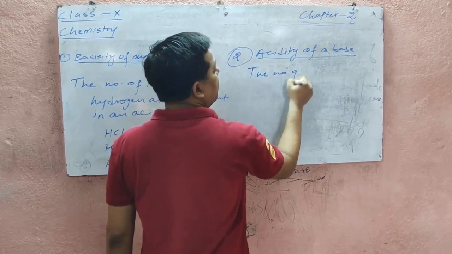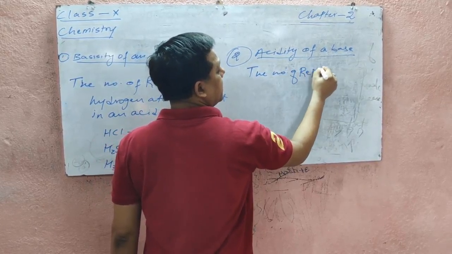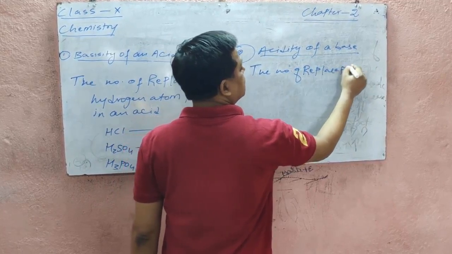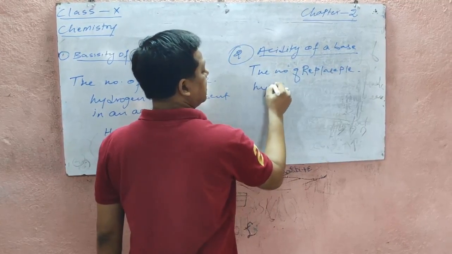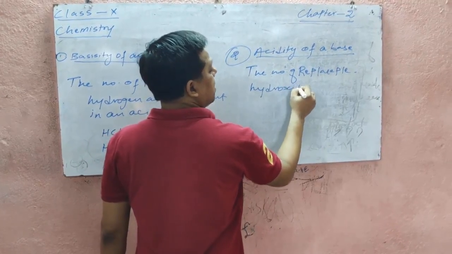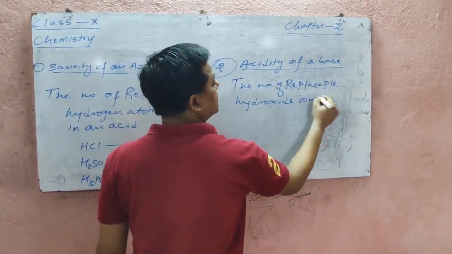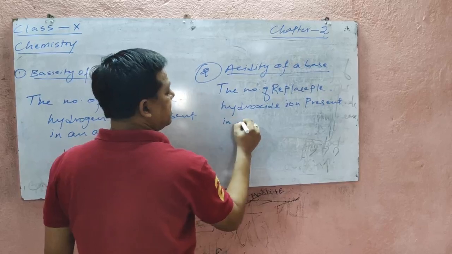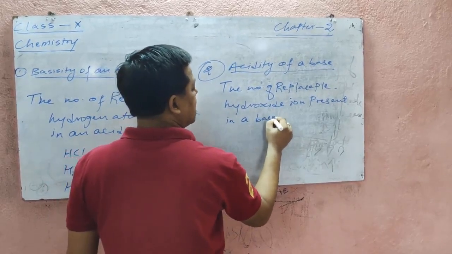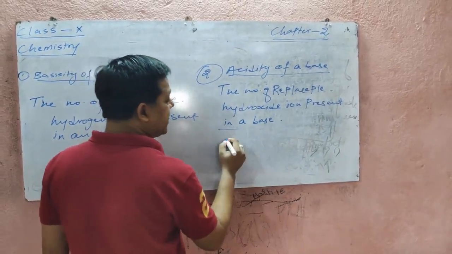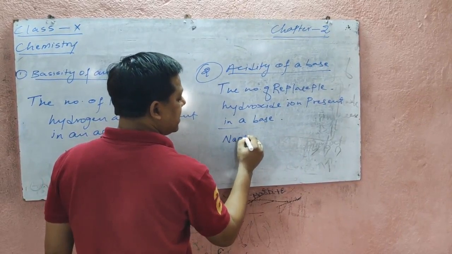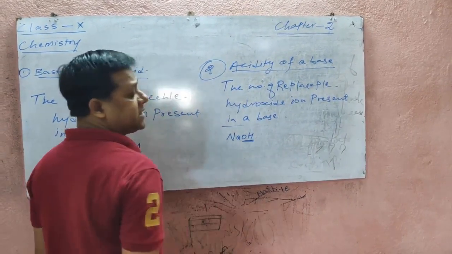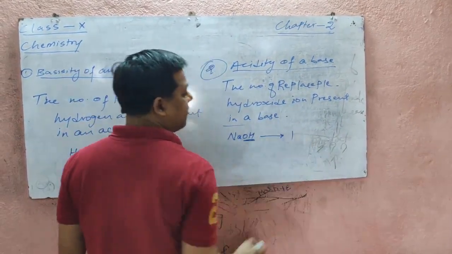The number of replaceable hydroxide ions present in a base. For example, if we take sodium hydroxide, here the number of replaceable hydroxide ions is 1.